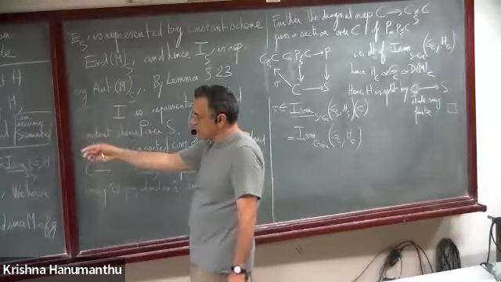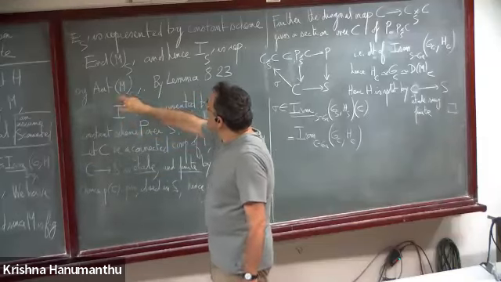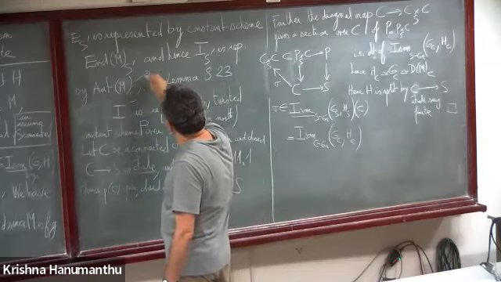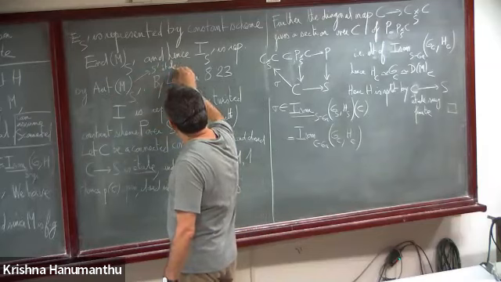And then clearly the subfunctor of automorphisms is represented by this one. And so this is locally constant, so the map to S prime is etale.